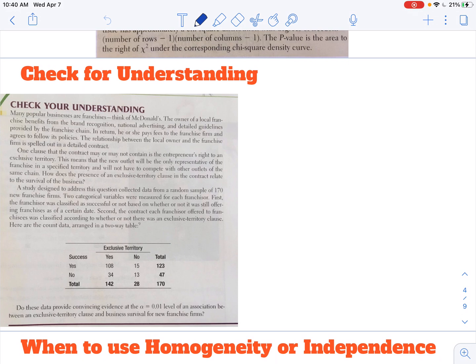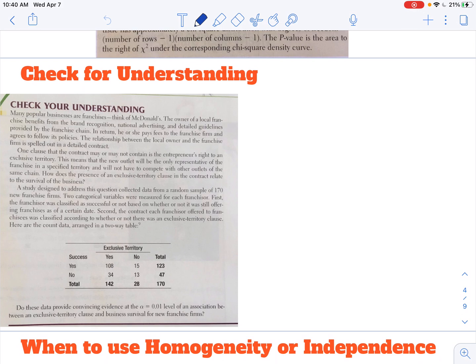While when we look at people who had exclusive territory, 108 out of 142 succeeded, or 34 out of 142 failed. So that is much closer to only 20% of those businesses failing. That's a pretty significant difference just there.